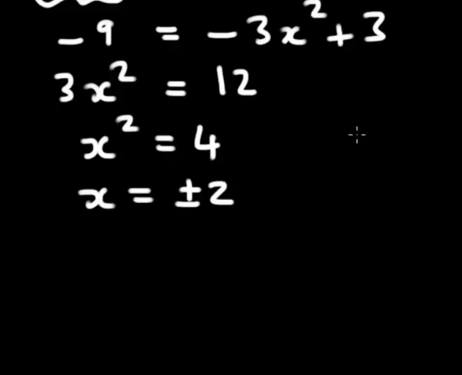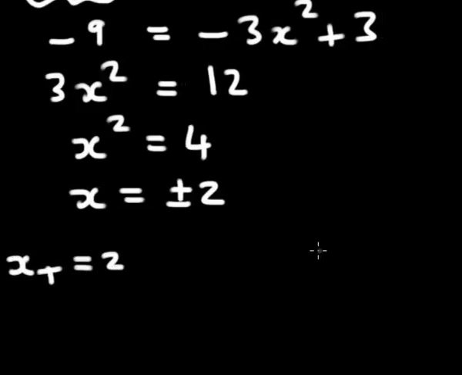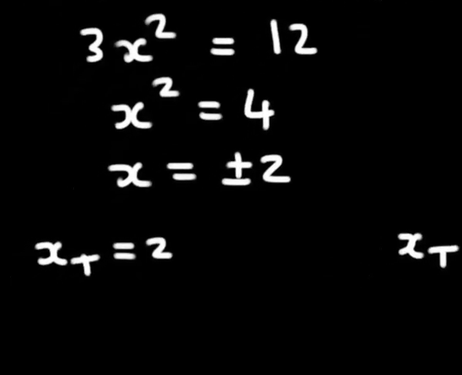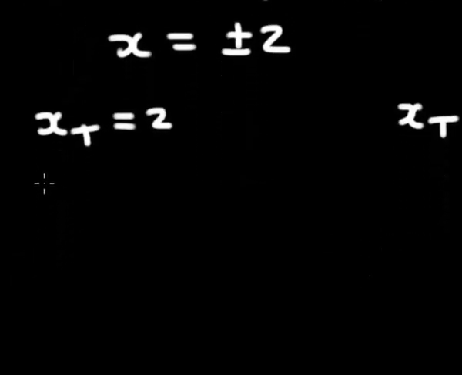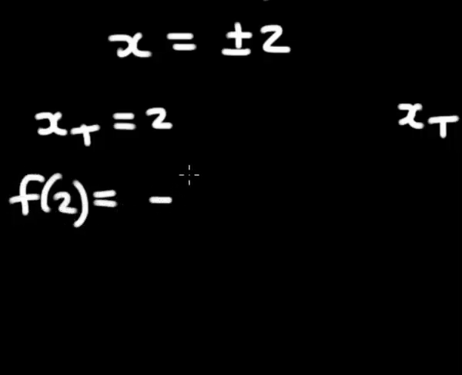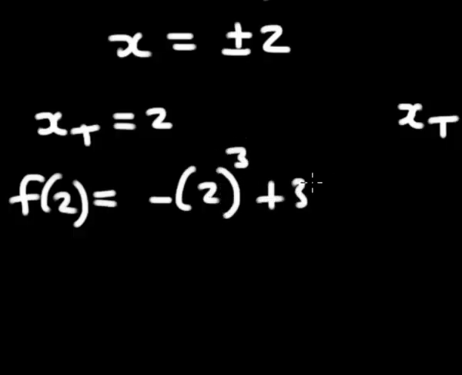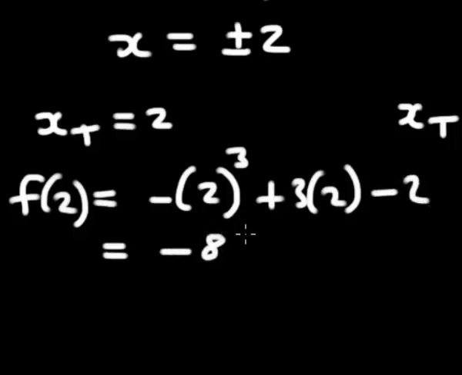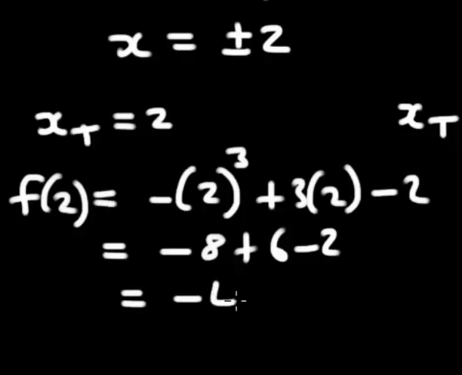So, in other words, what we've got is two scenarios. One is where x of t would be 2, and the other x could be negative 2. Now let's work out the corresponding y values. If we go to f of 2, go to the cubic, it's negative x cubed plus 3 times 2 minus 2, negative 8 plus 6 minus 2, which comes to negative 4.